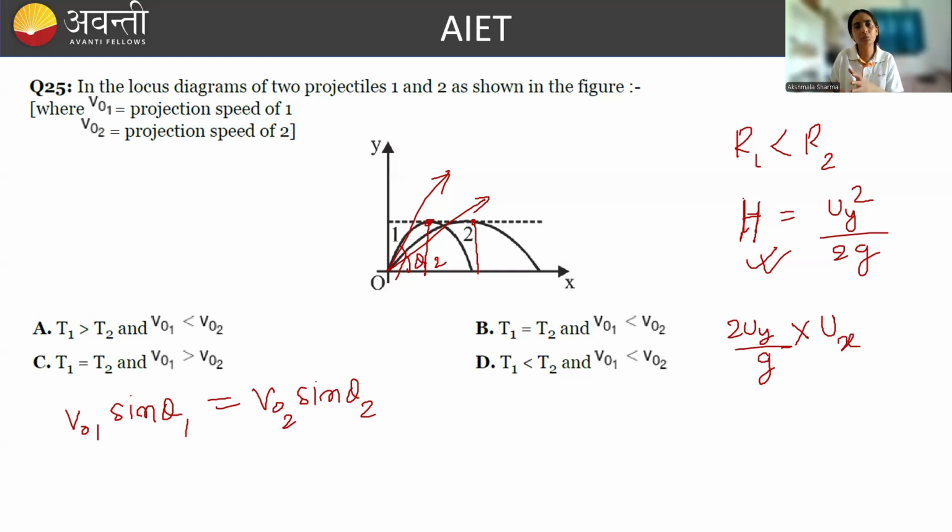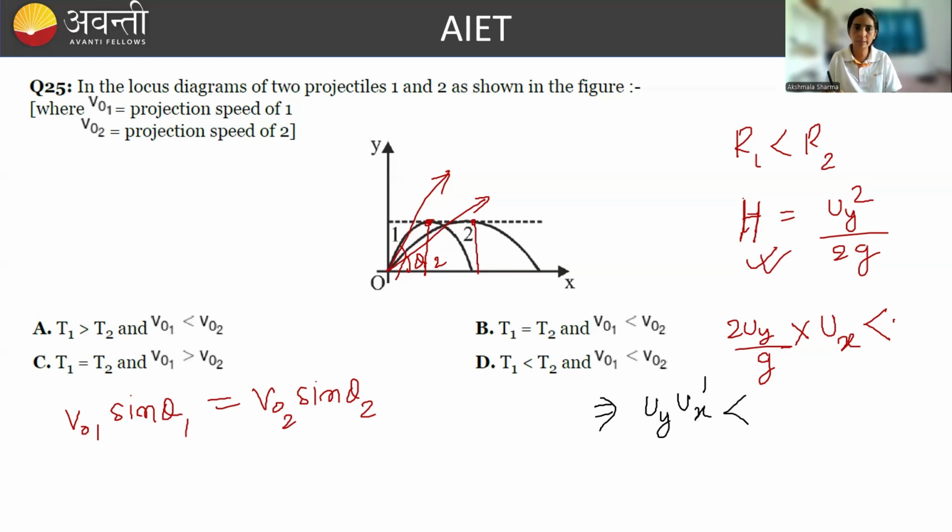So simply time into velocity gives us range. So if R1 is less than R2, let's compare it again. Let's change the color and do it. So uy for both is the same. So uy into ux1 is less than uy into ux2.